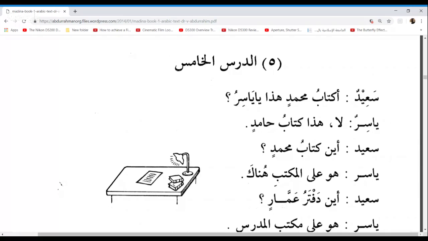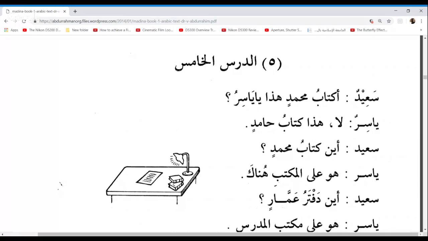You can see, Yusuf, when you say Muhammad, under the last letter there are two kasras, or two commas. Muhammadin. Okay. Repeat the sentence, please. كتاب محمد هذا يا ياسر. Good. Carry on.